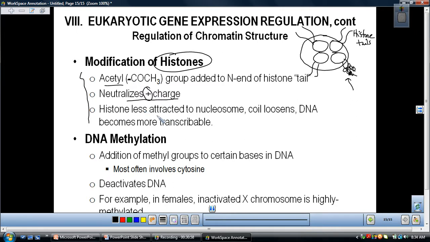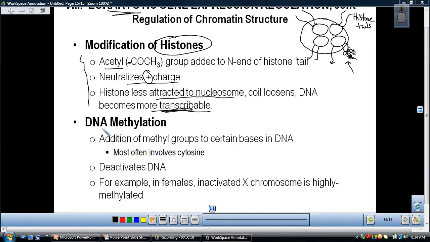Now this histone is less attracted to the nucleosome, so it doesn't want to stick in there. It loosens the DNA, and now it becomes more transcribable. So we've discovered that in eukaryotic organisms, there is this modification that can occur by adding chemical groups to the histone tails, and now we've got more transcribable DNA. Kind of cool, right?